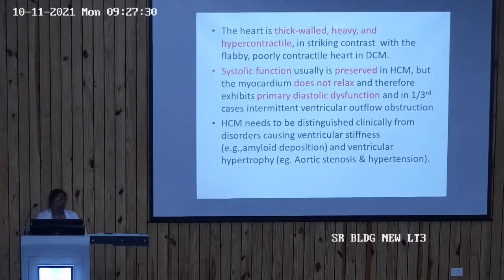It also causes heart stiffness, and ventricular hypertrophy because of aortic stenosis and hypertension. These are the secondary causes which cause ventricular hypertrophy, and they have to be distinguished from idiopathic hypertrophic cardiomyopathy.